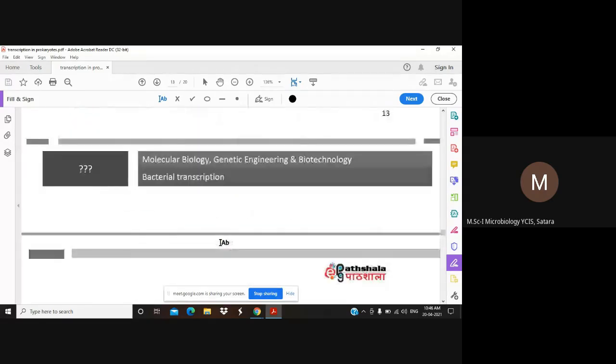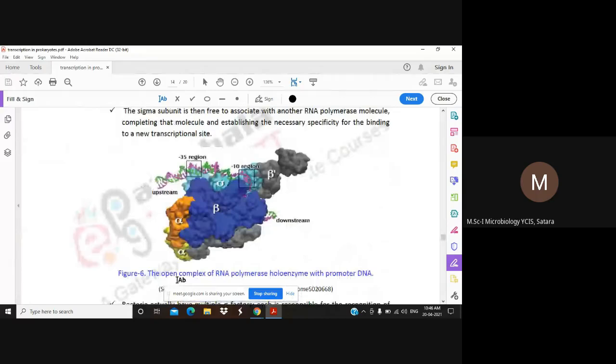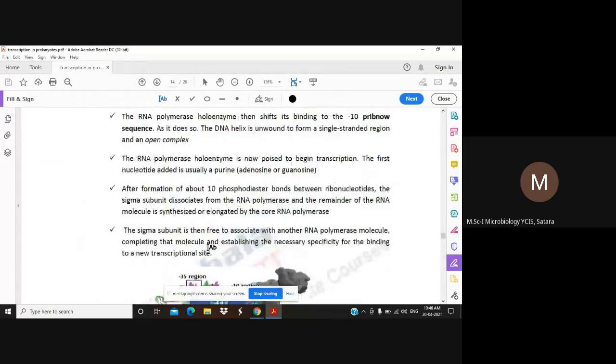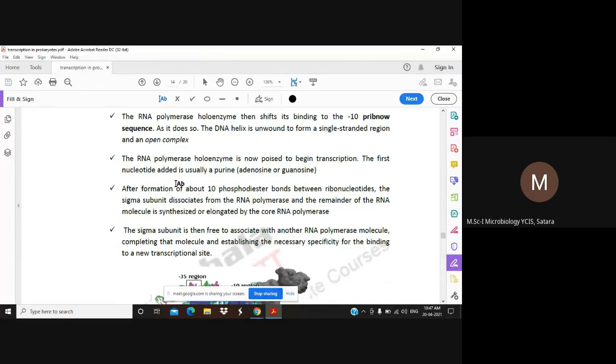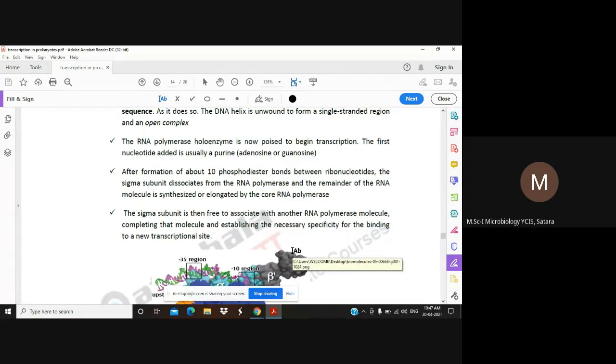When it binds, initially it is the closed complex. But whenever the unwinding starts, it is called an open complex. So the RNA polymerase holoenzyme is now poised to begin the transcription. It is now responsible for the beginning of the transcription, and the first nucleotide added is usually a purine. So remember that whenever biological synthesis occurs, it starts with a purine molecule, either adenine or guanine.